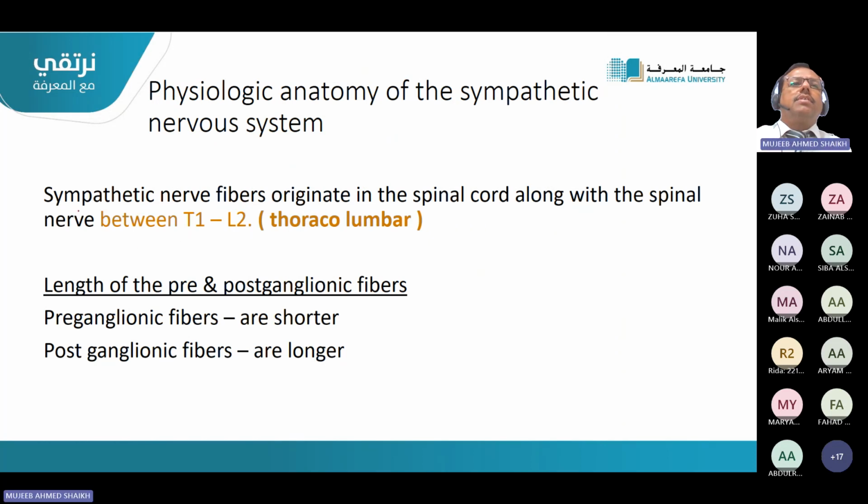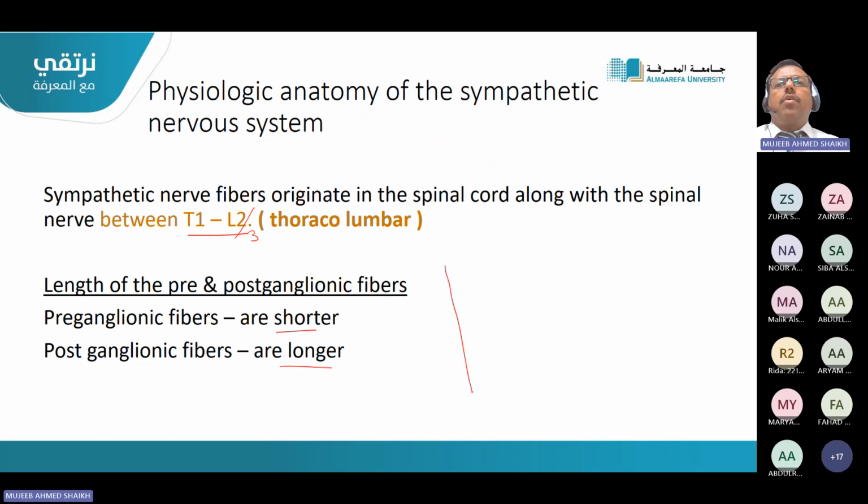The sympathetic nervous system starts from the thoracic 1 to the lumbar 2 segment of the spinal cord, or 3. Sometimes it starts only from 2, or maybe 2 and 3. So T1 to L2 or 3. Here the preganglionic fibers are short and postganglionic fibers are long.